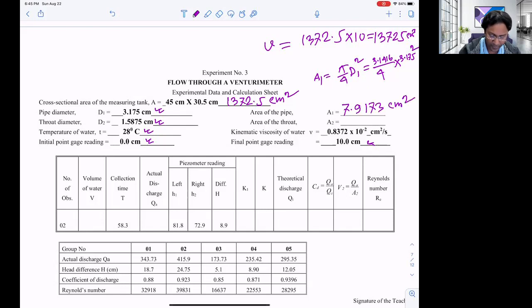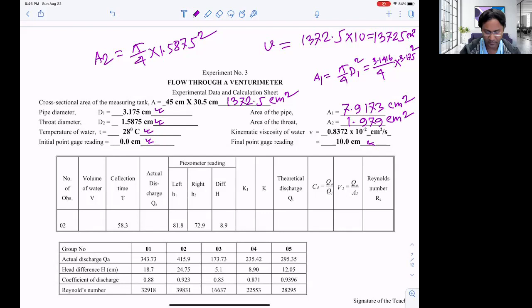Same for A2: A2 is equal to pi over 4 into 1.5875 squared. Let me calculate that quickly: 3.1416 divided by 4 multiplied by 1.5875 squared. We are getting 1.979 centimeter square.